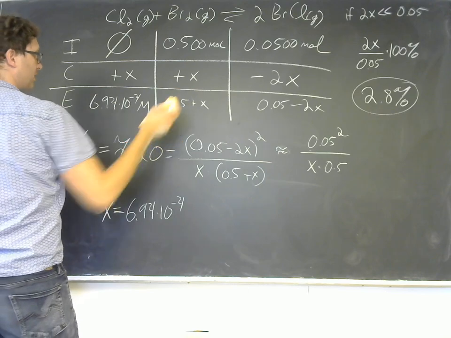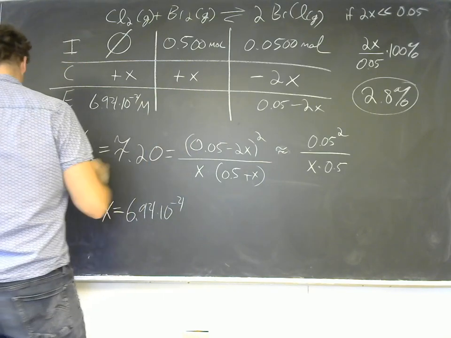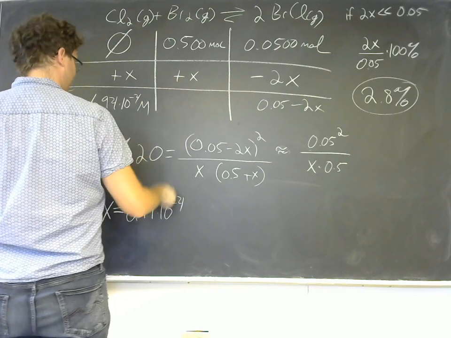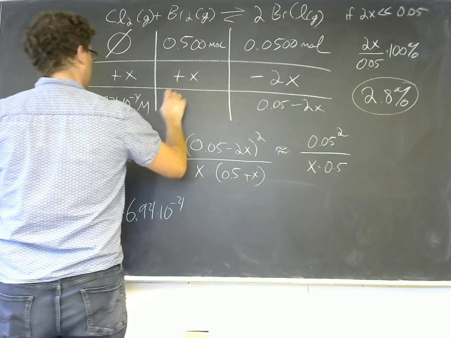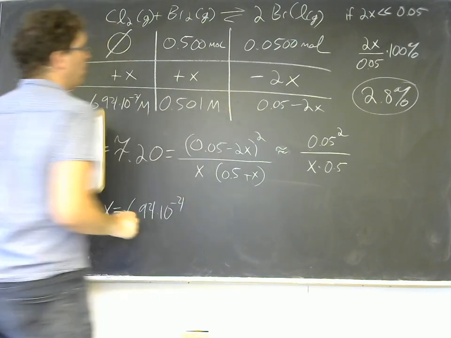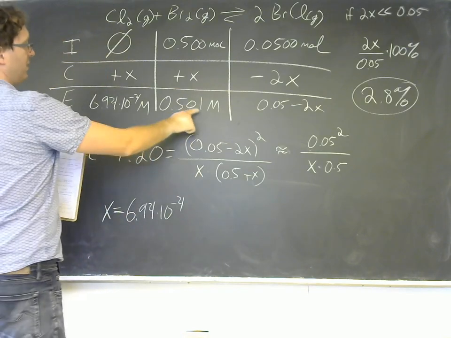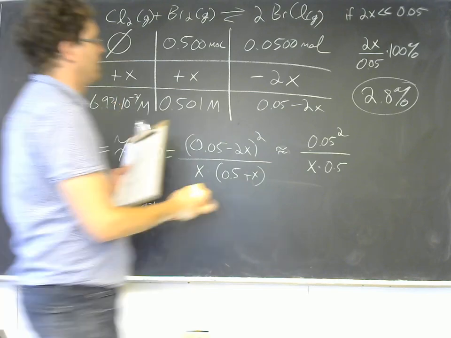Now 0.5 plus 0.000694 is going to be 0.501 molar. That rounds up just barely. It's going to cause a tiny, tiny change there.